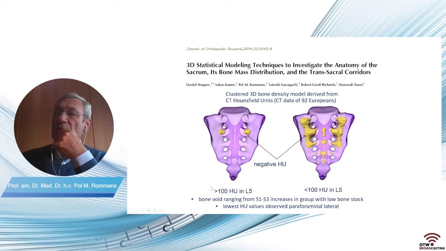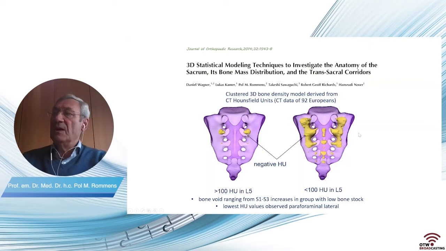One group with patients that had a higher bone mineral density in L5, and one group that had a lower bone mineral density in L5. This was measured in Hounsfield units. In the group with a higher bone mineral density, we only see small islands here in yellow of what we call sacral voids. These are areas where no bone is present anymore. The intensity here is equal to that of water.